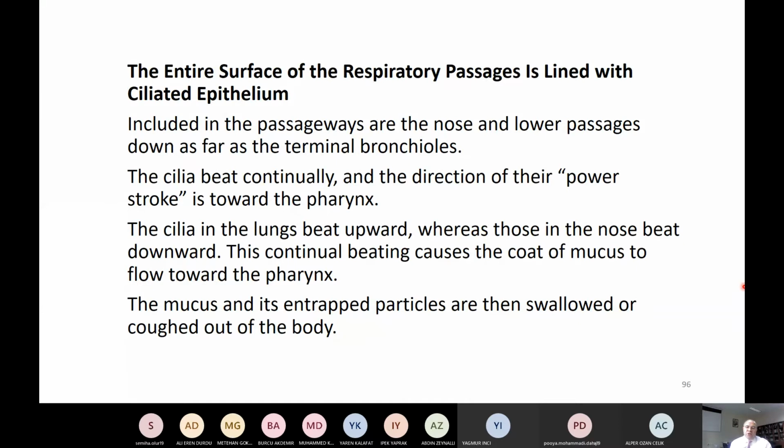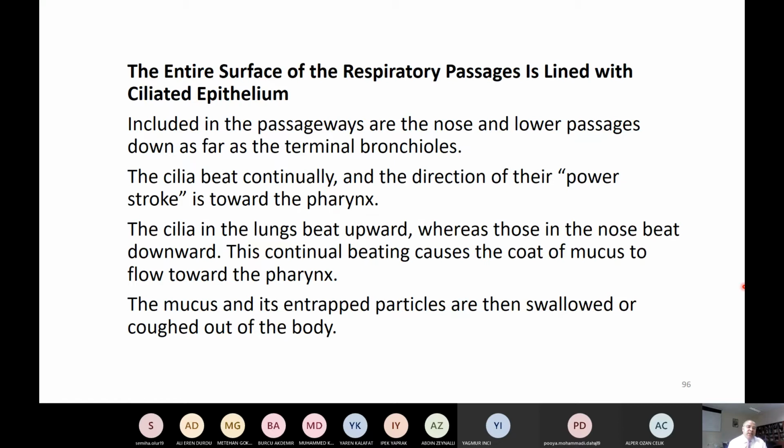There is mucus secretion covering the inside of the respiratory passages. So when the amount of mucus is not very much, we swallow it at night. We are not aware that we swallow it at night.